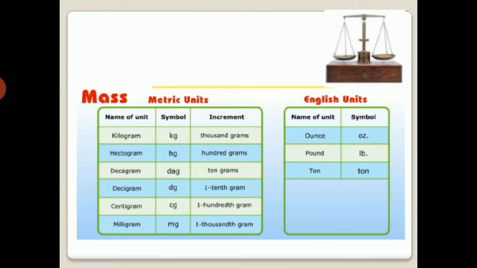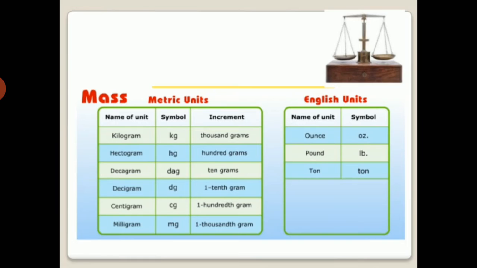Metric units: if we compare the mass that is measured in kilograms for the metric system and the English system, the kilogram has the symbol kg and is measured in grams. Hectogram is denoted by the symbol Hg, and it is measured in 100 grams. Decagram is denoted by the symbol Dag, and it is measured in 10 grams.